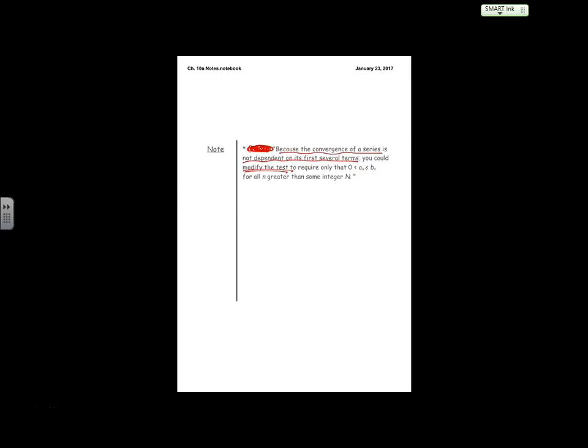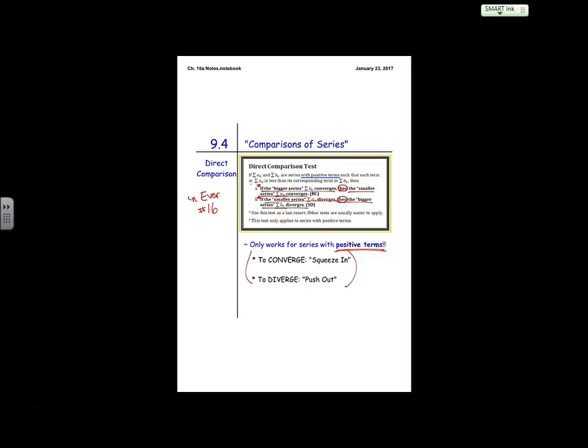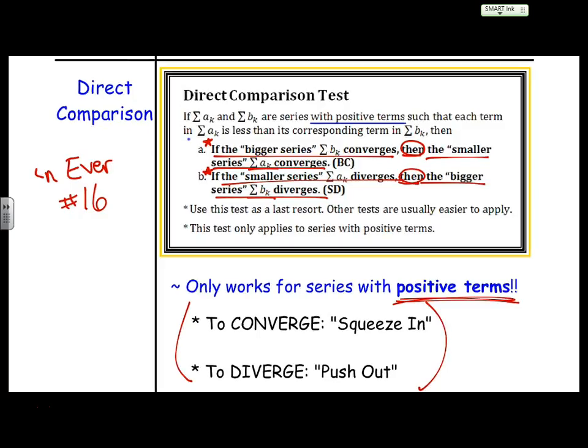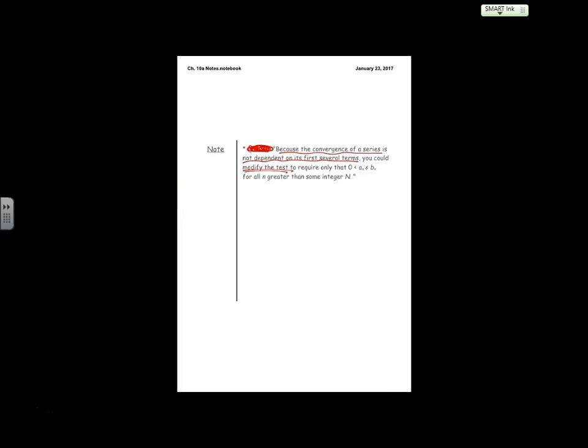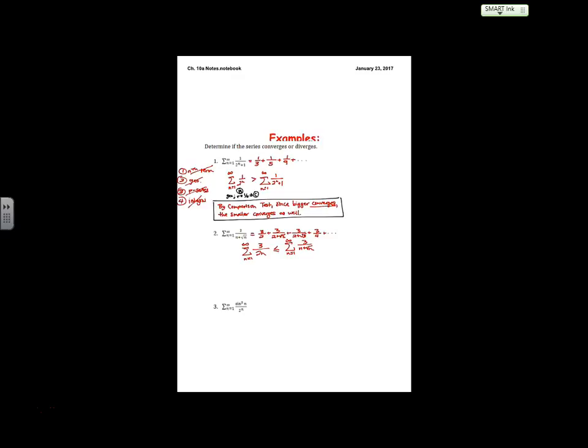On our test, is it allowed to be or equal to? We just have bigger or smaller. Less than or equal to should be alright.